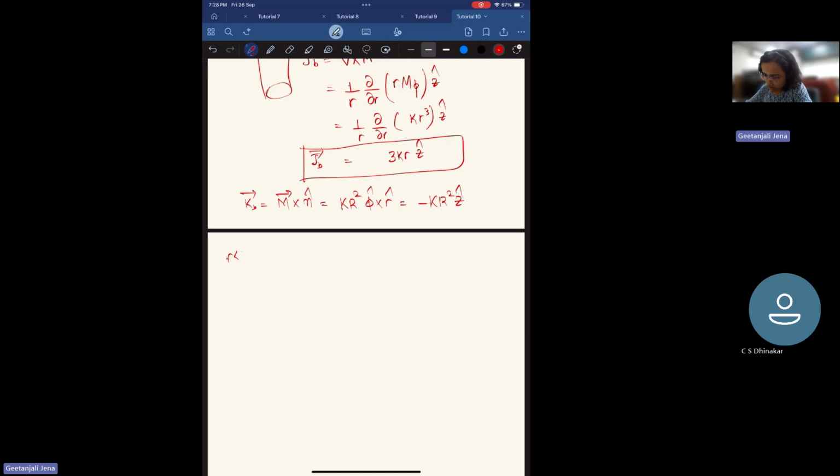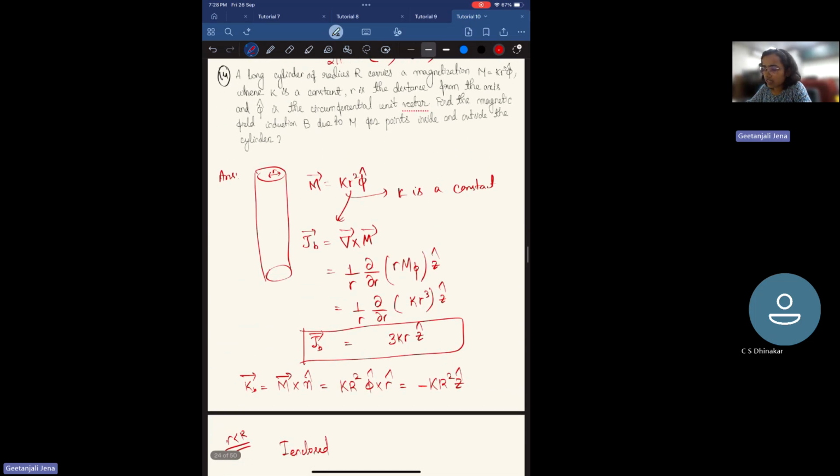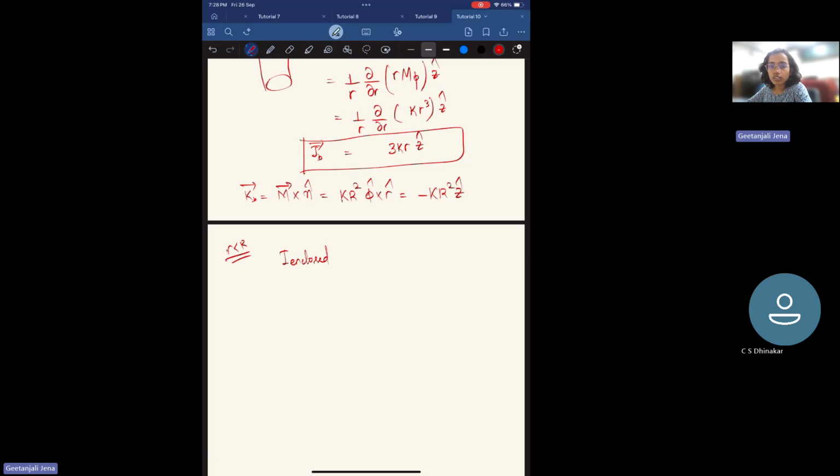So we know the volume bound current density. Let us calculate the enclosed current. It's not given that there is a free current, so the cylinder is not carrying any current; it is only placed inside the magnetic field. That means the contribution comes only from the bound current densities, both volume and surface. For an inside point only the volume will contribute, and for an outside point both volume and surface will contribute. Inside, this will be J_b dA perpendicular.